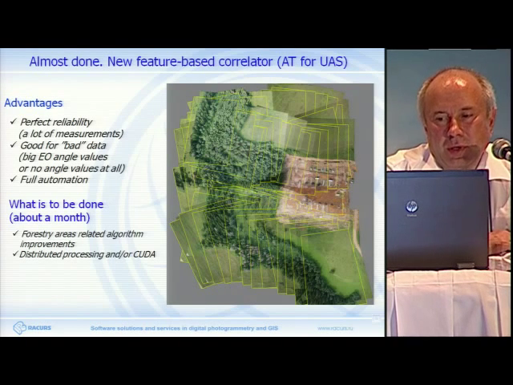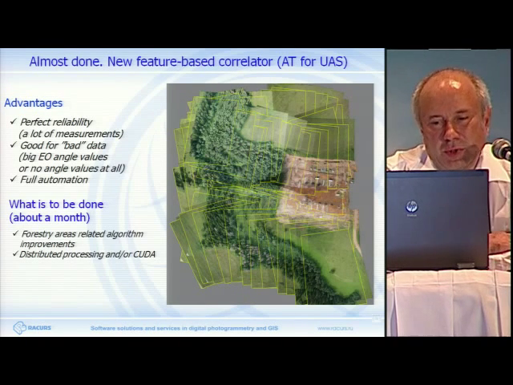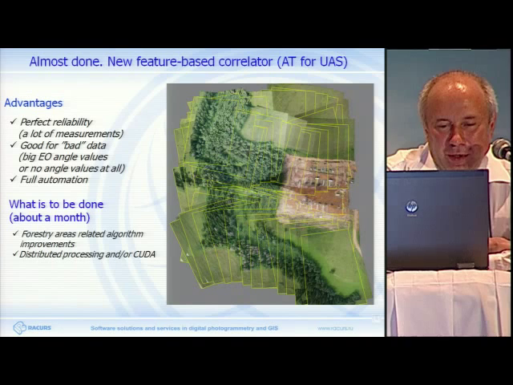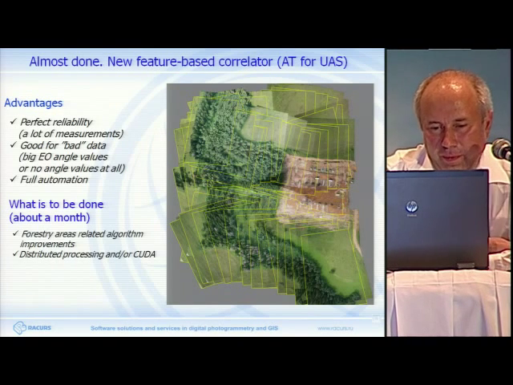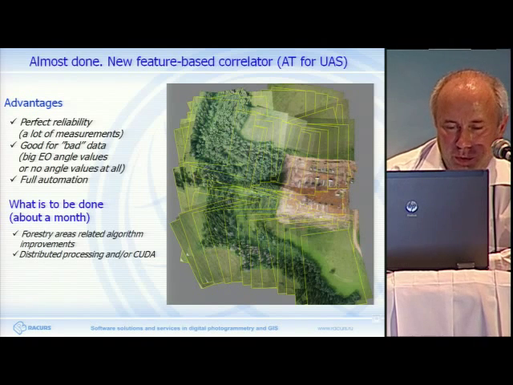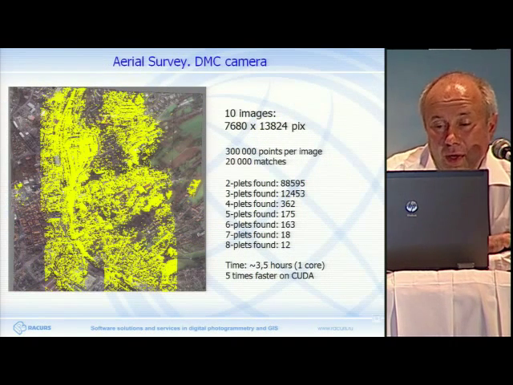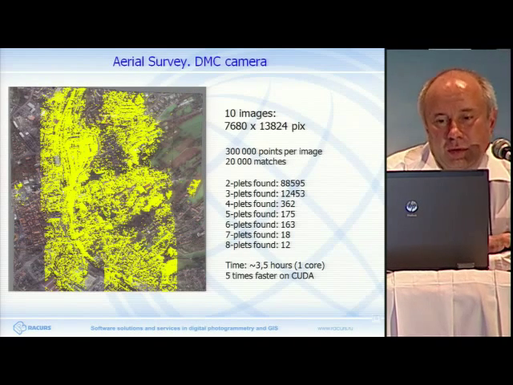So you use filtering, which leaves you only with good points, and that will lead to complete and irrevocable automation for UAV-based images. We still have a problem with forests, though. Its results from DMC.